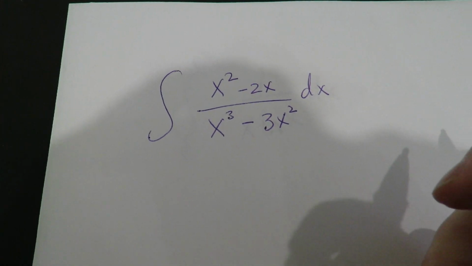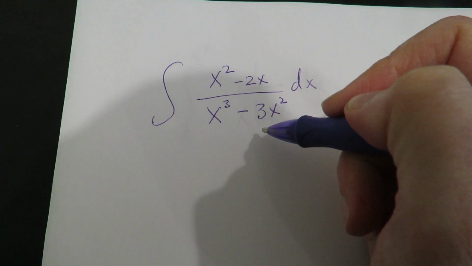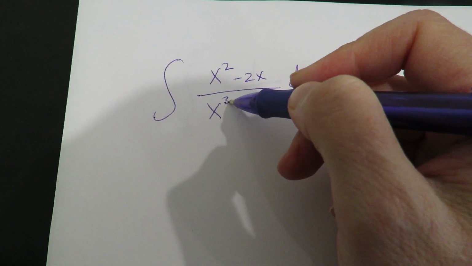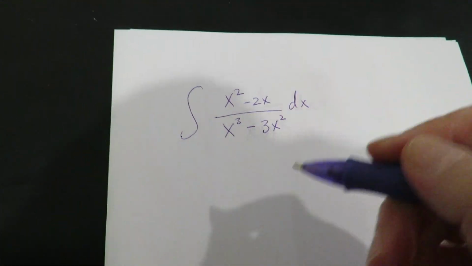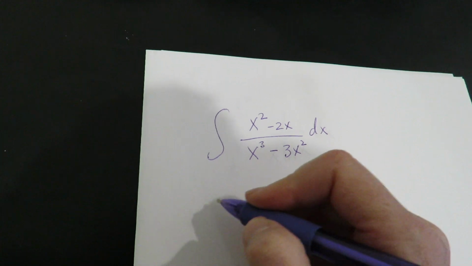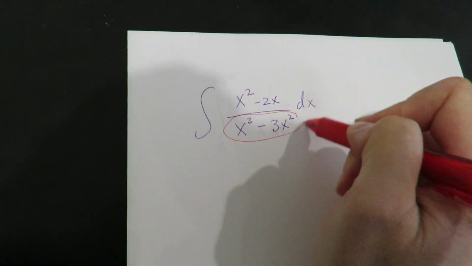All right, let me try another one with that just so you can see it one more time. Now, with the natural log, the derivative of the higher one is going to give you the lower one, right? So the derivative of this is almost that. So I'm going to let this be the u.